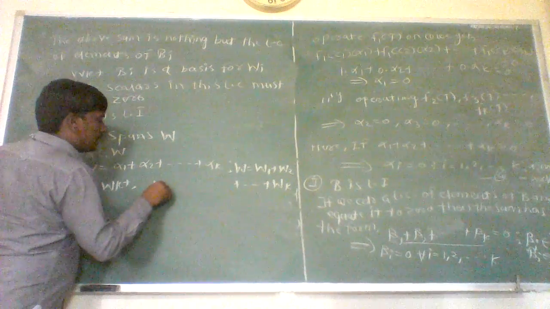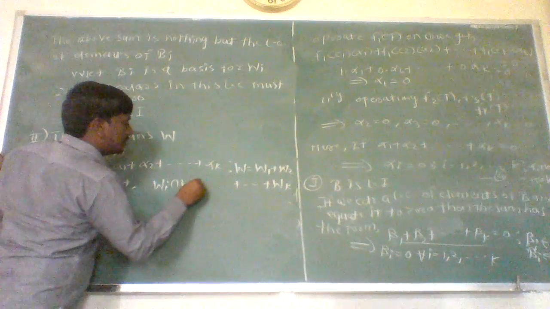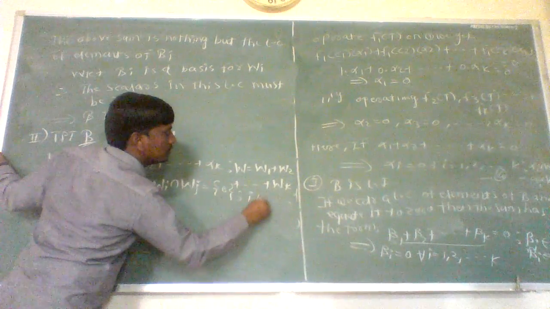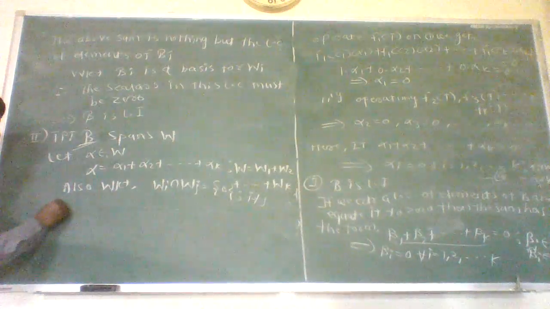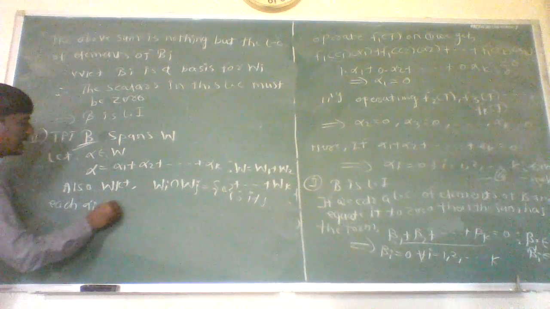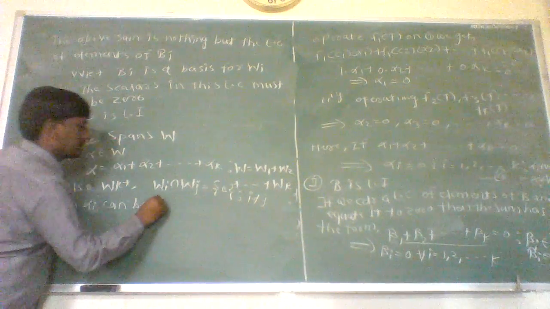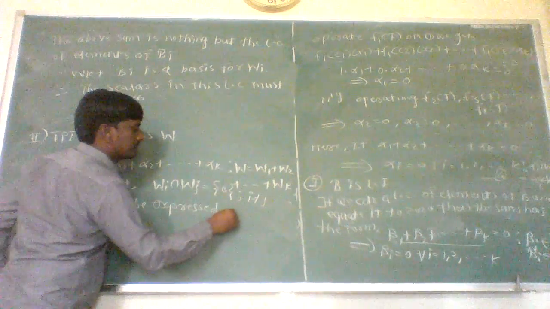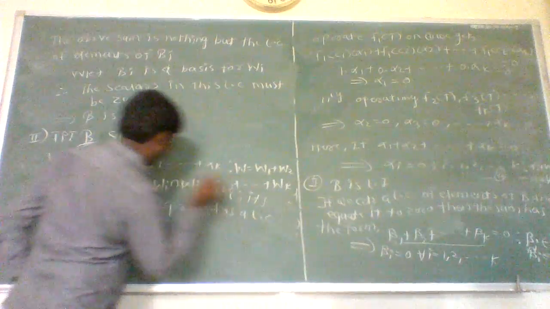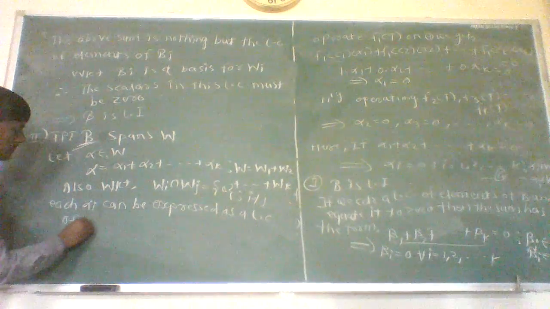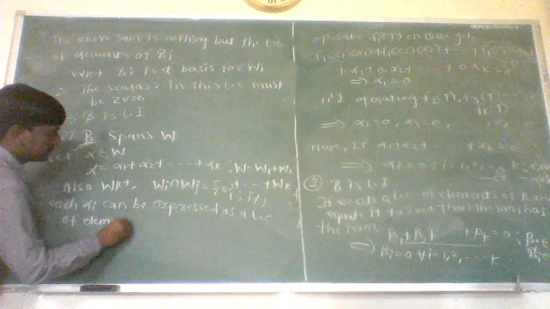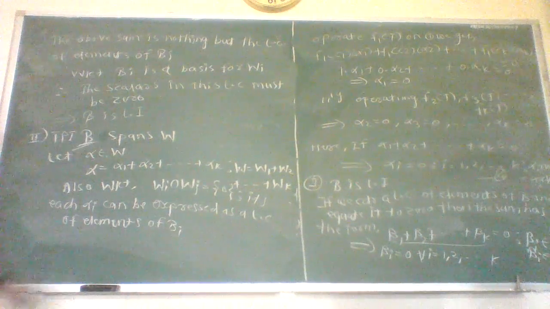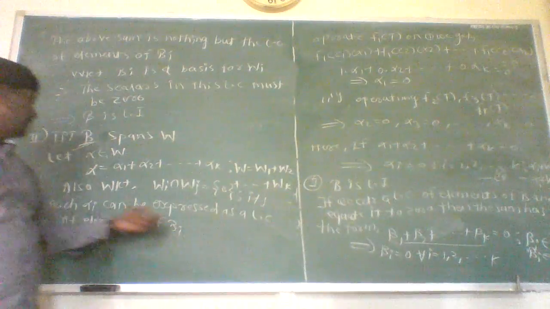As also we know that Wi intersection Wj is equal to the singleton 0 for each i not equal to j, and each alpha i can be expressed as a linear combination of elements of curly V, which is true for each i running from 1 to k.